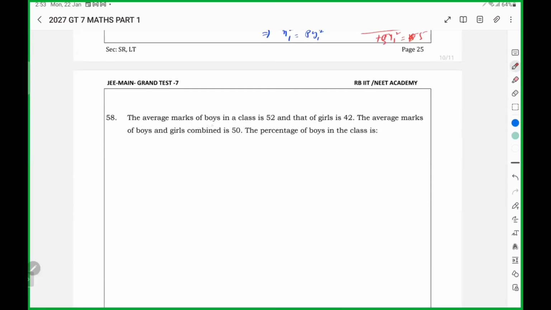The average marks of boys in a class, we don't know how many boys are there. Let us assume n boys are there. Their average is 52. Whereas let us assume m girls are there. Their average is 52.